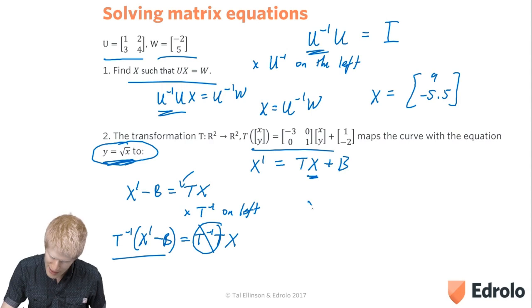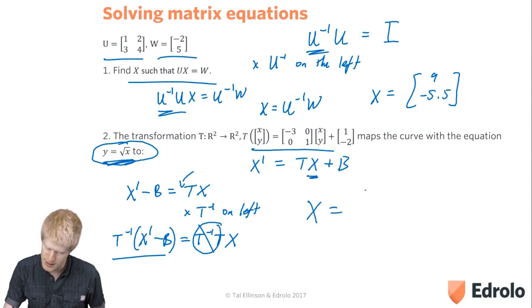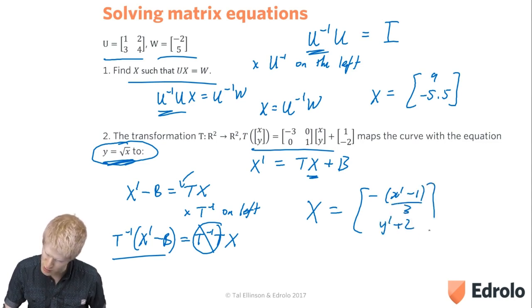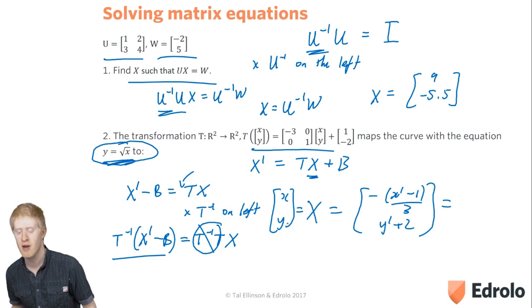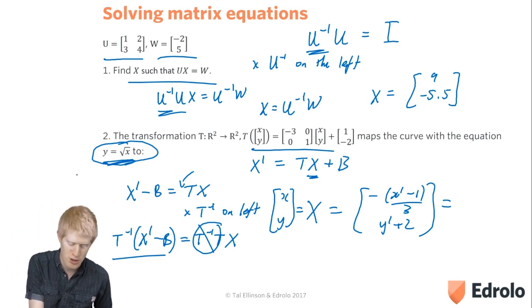We've got that our x, which is our old variables, is equal to negative x dash minus 1 on 3 and y dash plus 2. And our old x is x comma y. So we clearly know what x is and what y is, and we can substitute that into our equation to find a new one.